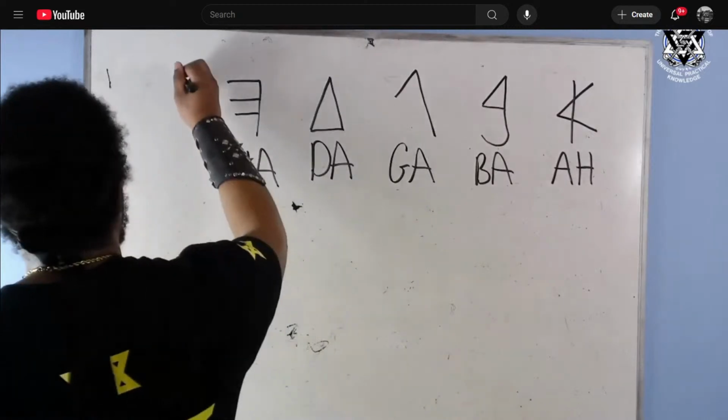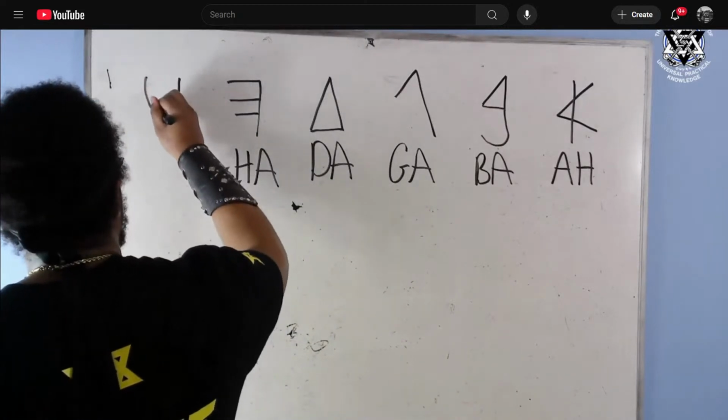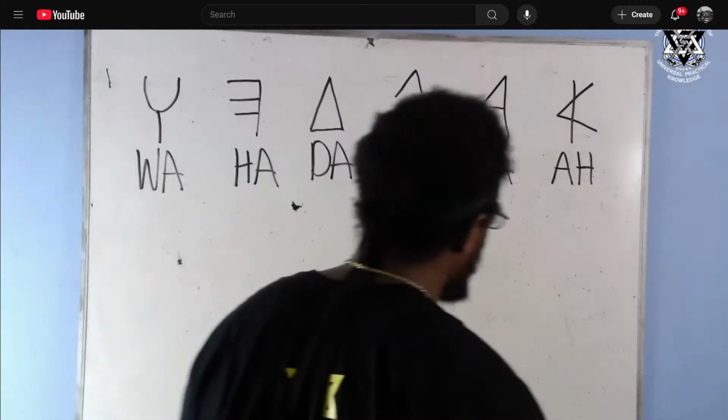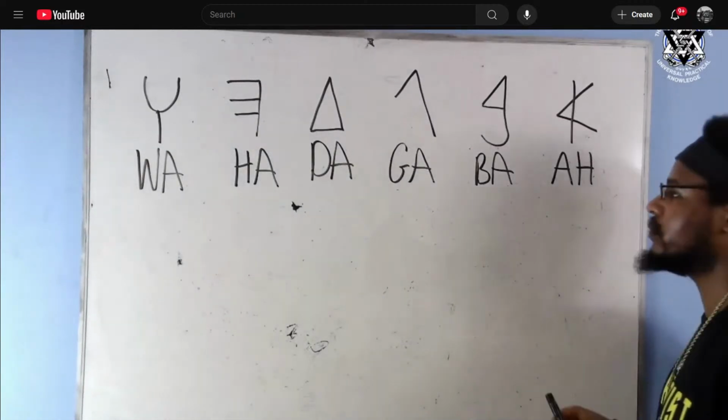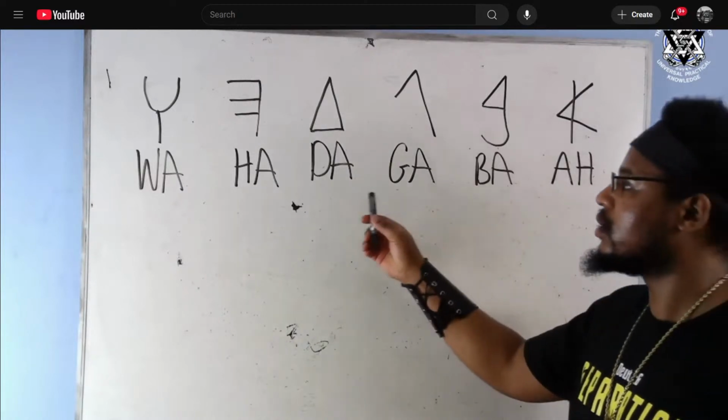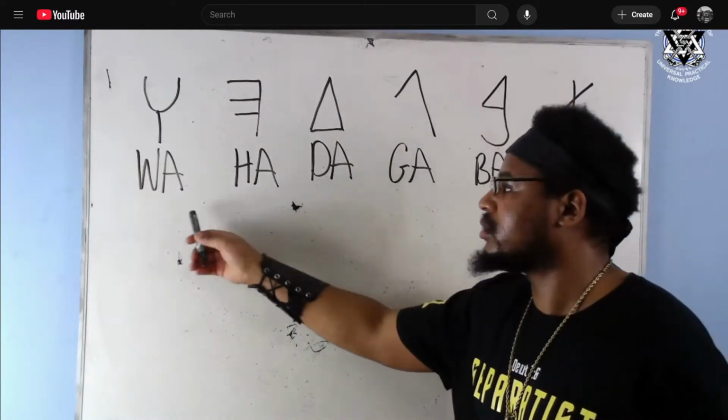And then we got Wa. So far we got A, Ba, Ga, Da, Ha, and Wa.